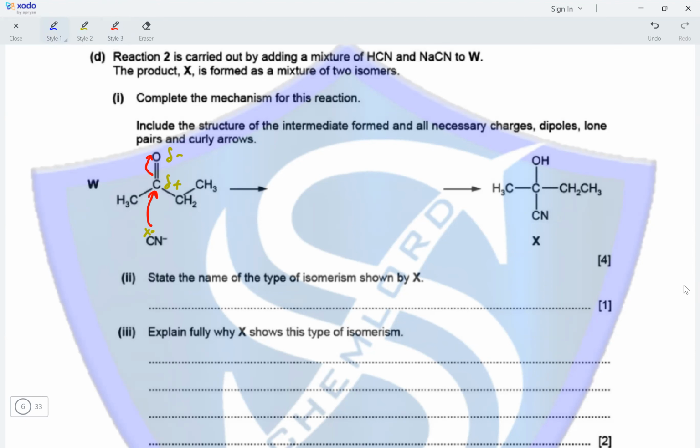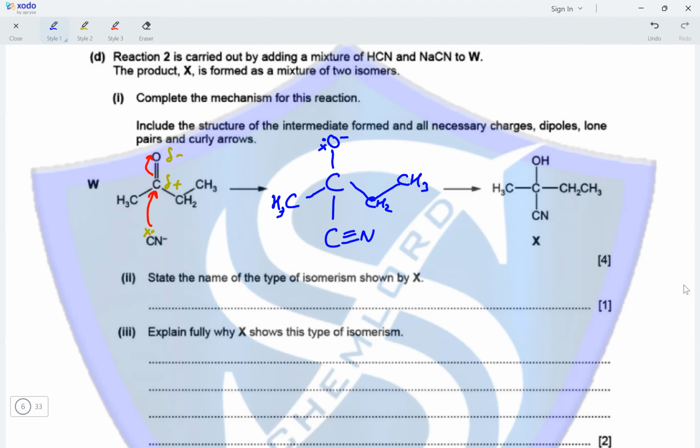This results in the formation of an intermediate in which we've got a carbon atom attached to an oxygen atom having a negative charge now and a lone pair of electrons on it. On the other hand, it has a CH3 group which was there in the parent compound. It has a CH2CH3 group which was also there in the parent compound, and it has attachment of a CN group, which is the bond that was formed when the CN negative ion attacked the carbonyl carbon.